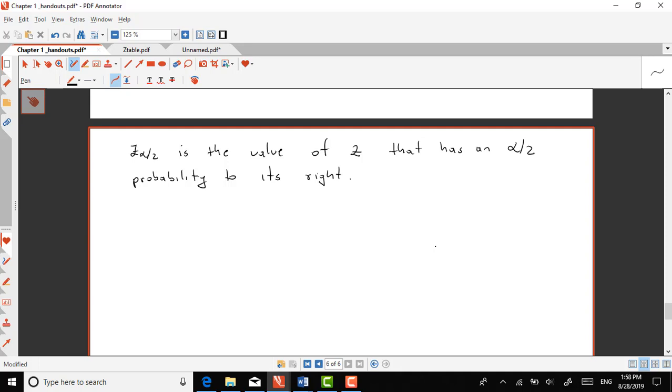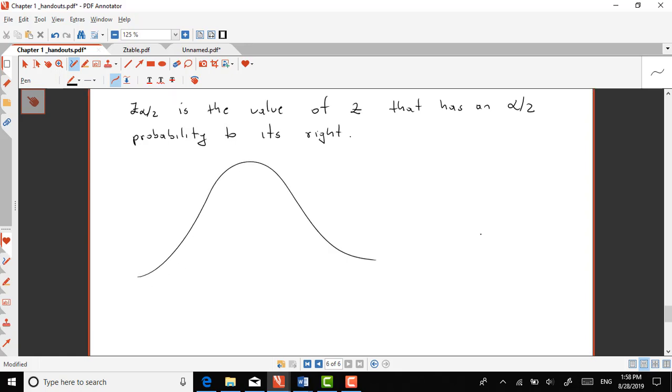Okay? So we start with the Z distribution. So Z is just a variable. Remember, if we were to graph that Z distribution, it looks like that. Of course it's normal, so it's going to be symmetric, bell shaped, mean 0, and the standard deviation is going to be 1. So in the formula we have this Z alpha over 2 value.